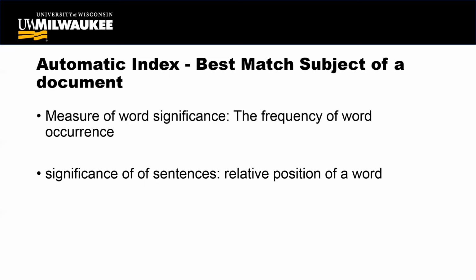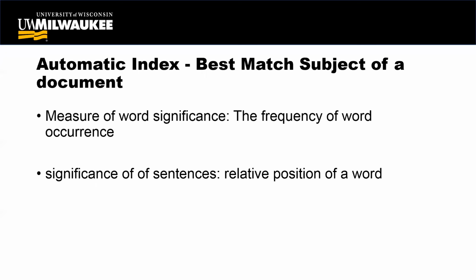Makes sense? That means this article is about that. The other interesting thing is the significance of sentence, the relative position of a word. In general, if a term occurs in the title, it is more relevant to the subject compared to a document that only contains the word in the text, not in the title or abstract, right? So those are best match.